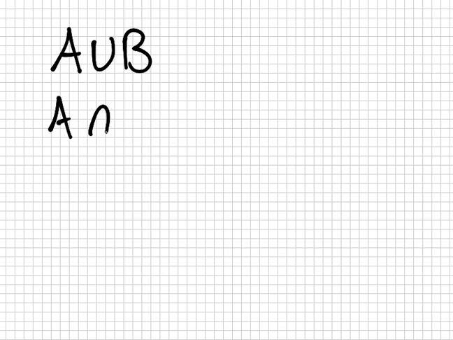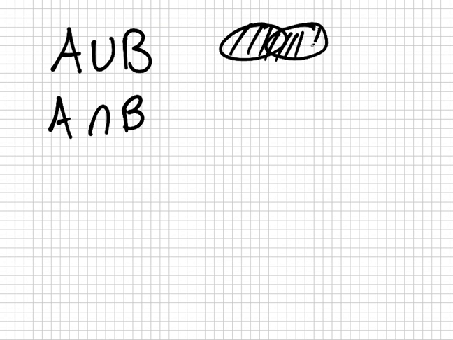It combines them, doesn't it? So this one combines. And what does this one do? The intersection. So this one puts the two sets together and takes everything, and this one here is just what's in common.